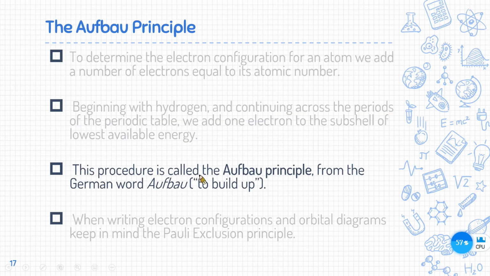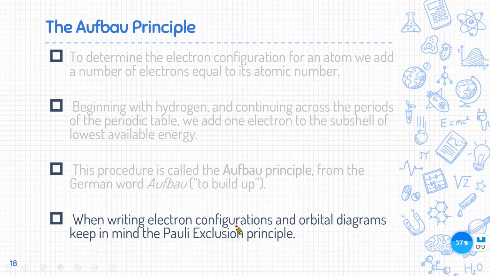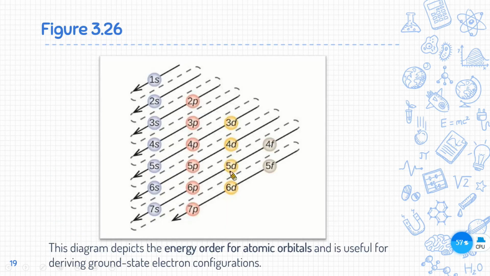This procedure is called the Aufbau principle, from the German word Aufbau, to build up. When writing electron configurations and orbital diagrams, keep in mind the Pauli exclusion principle.